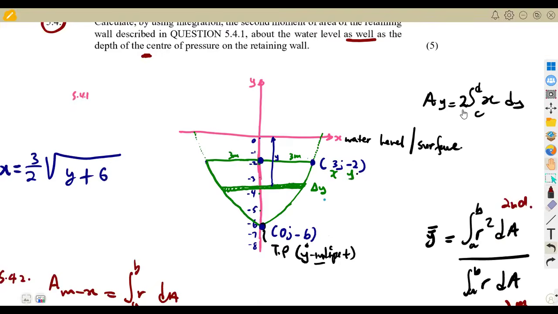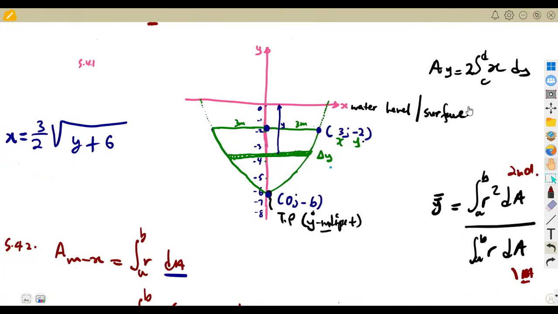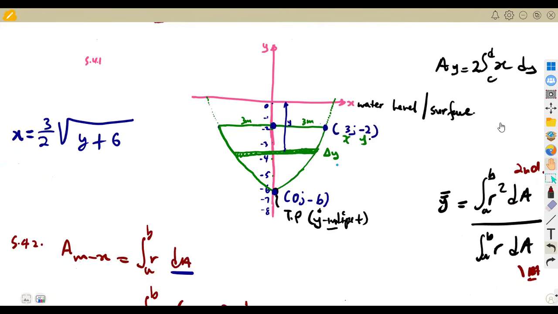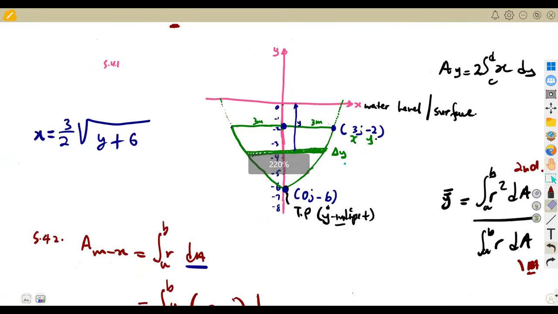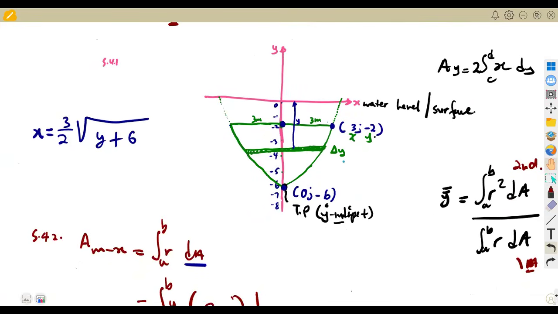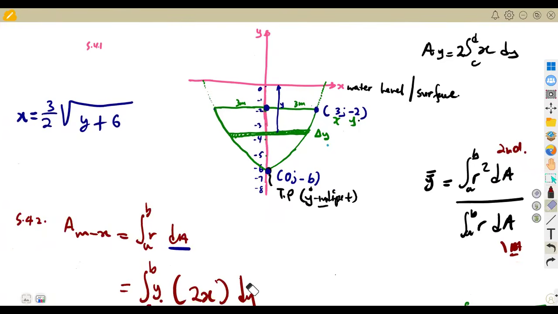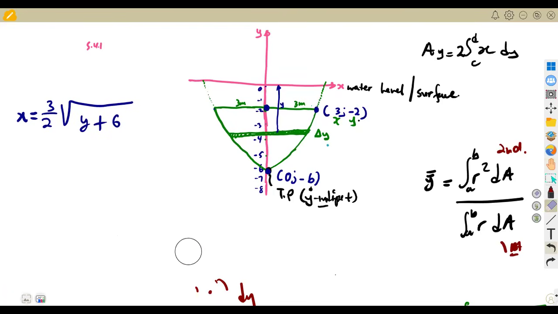As we can see, we are not going to need all this information, so I'm just going to erase these. But I want us to talk about the formula first so that you'll be able to understand me once again. You calculated your first area moment. I'm just going to write the answer because we'll need it.